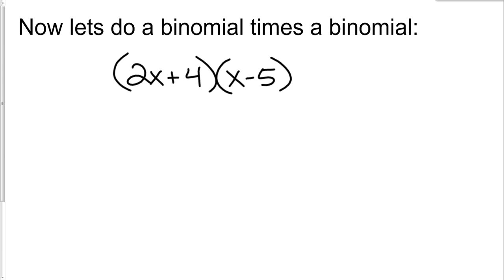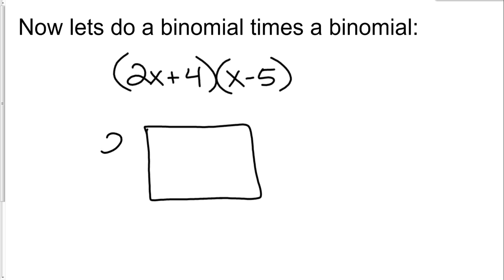All right, now let's look, we're going to do another multiplication problem. So here we're going to do a binomial times a binomial. So let's draw our box. We know our first term is the height, so 2x and a positive 4. And then across the top we have x and a negative 5. Between each term, we split it up.